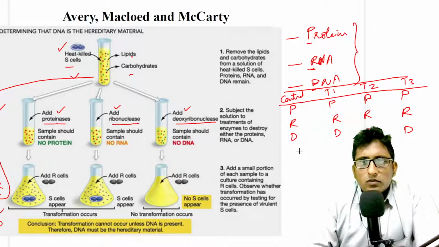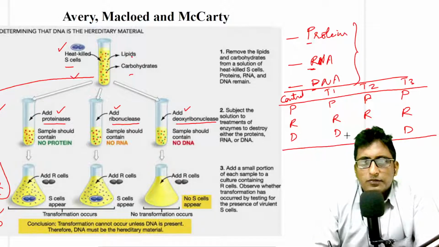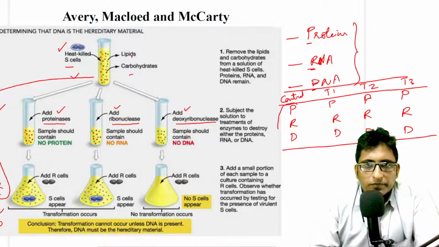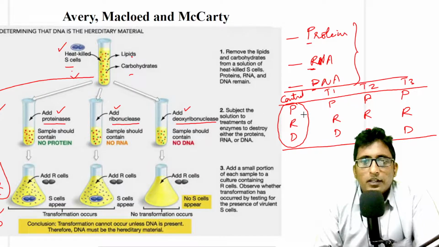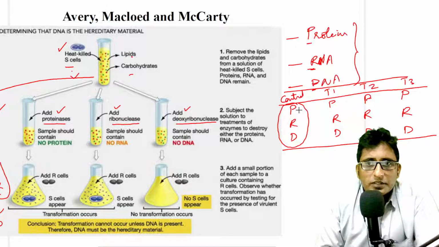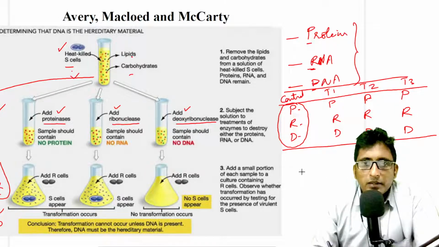So in the control, they have taken the digest, say for example, the heat-killed S strains, and they would have eliminated the lipids and carbohydrates. What is left is protein, RNA, and DNA. And then they were adding the R strain to each of them.